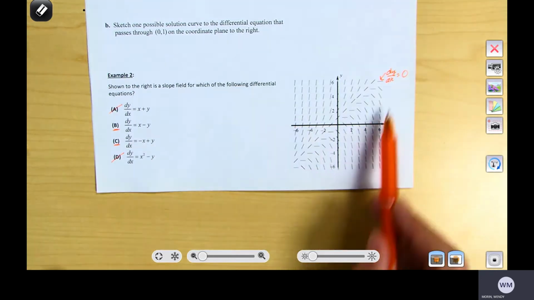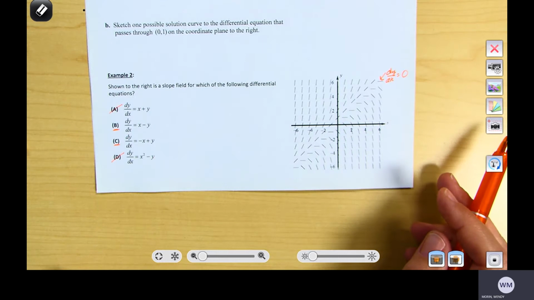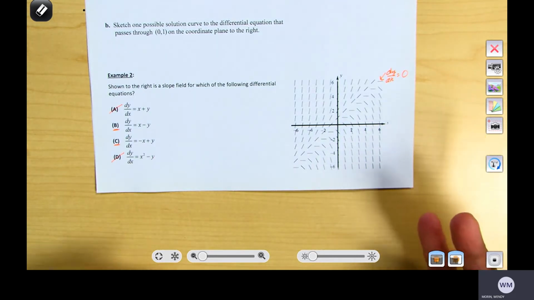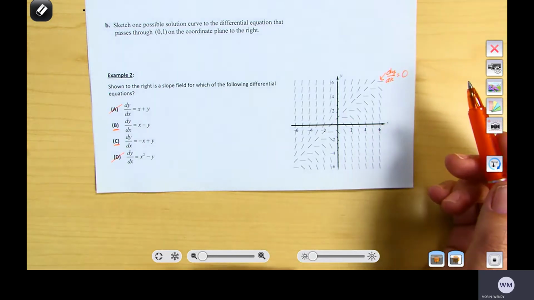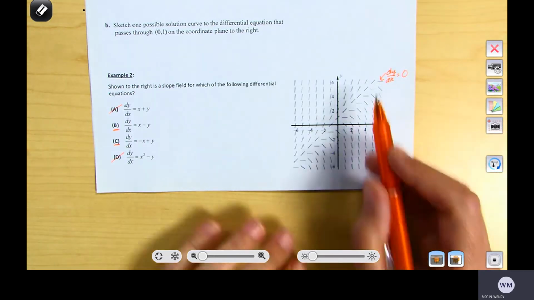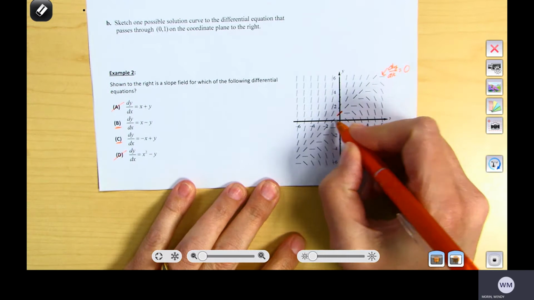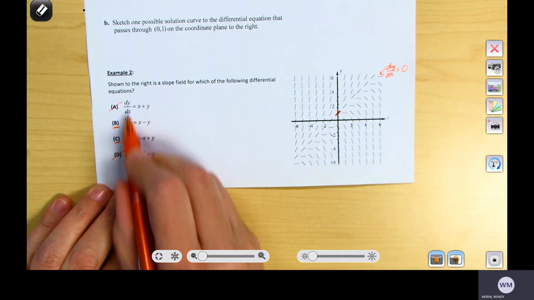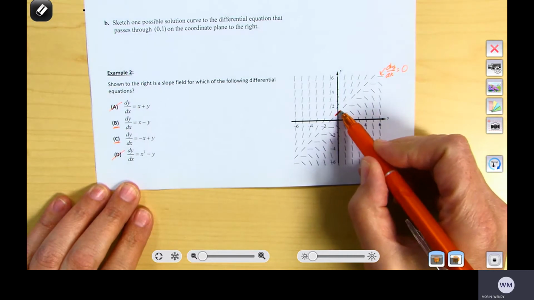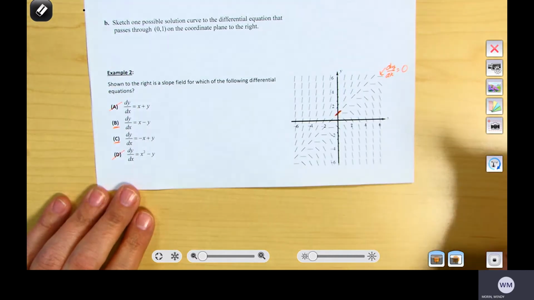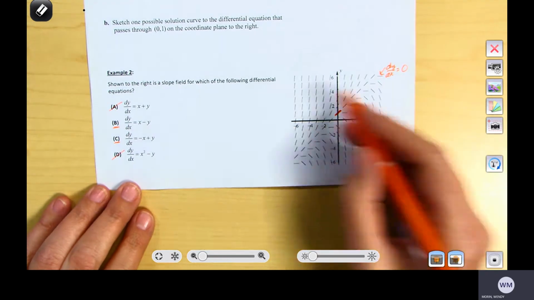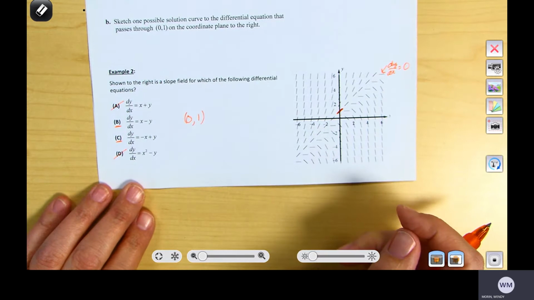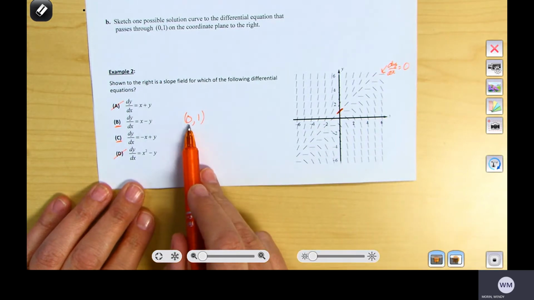So let's go to something else that we recognize. What else do we recognize? Let's look at another point. Let's look at, say, 0, 1. At 0, 1, when we plug 0, 1 into the derivative, it should give us this slope right here. That looks like about a slope of 1. So let's plug in 0, 1 into this one.